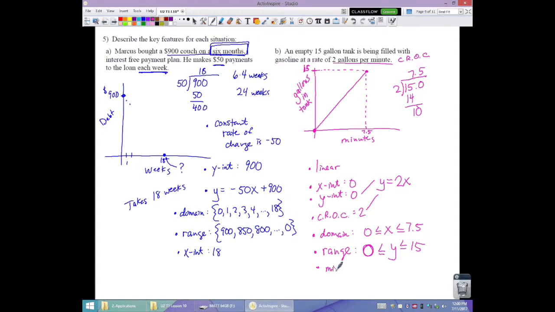So it has a minimum of 0, it has a max of 15. The entire graph is increasing, so it has an increasing interval over its entire domain, 0 to 7.5. It never decreases, so no decreasing interval.